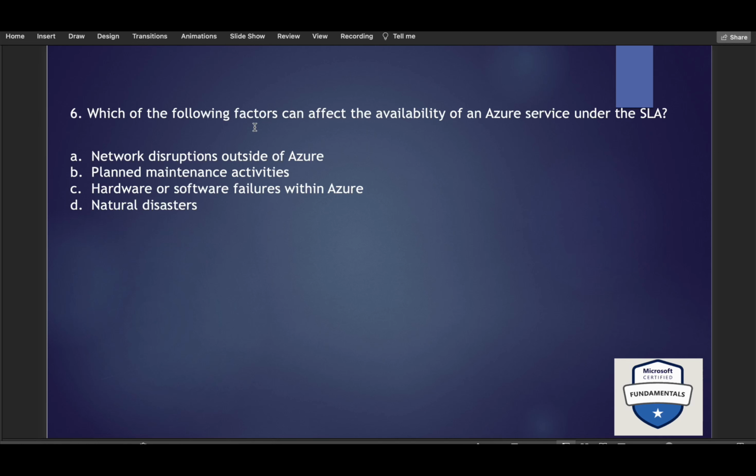Okay, but which of these can affect the availability under the SLA is the question. And if you see these bottom three, planned maintenance activities, hardware or software failures within Azure, natural disasters, these three are covered under the SLA of an Azure service. But this first one, network disruptions outside of Azure, since these are outside of Azure, they never come into the picture in the SLA. Okay, because this is something which you or the customer have to take care of.